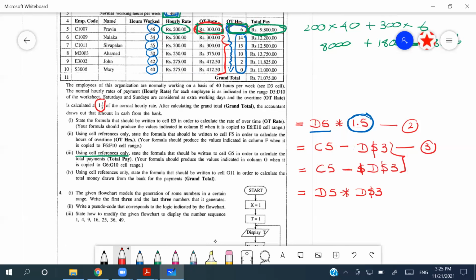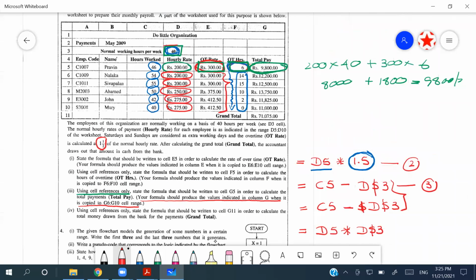Because it says the same thing: your formula should produce the values indicated in column G when it is copied from G6 to G10. So D5 should multiply with D$3, and each and every hourly rate is multiplied with this particular place.